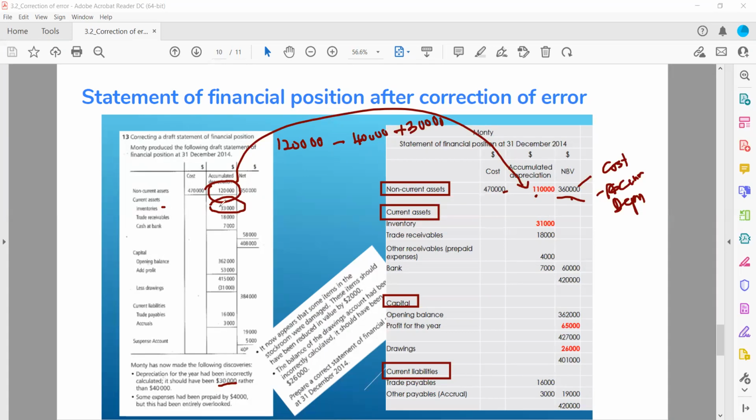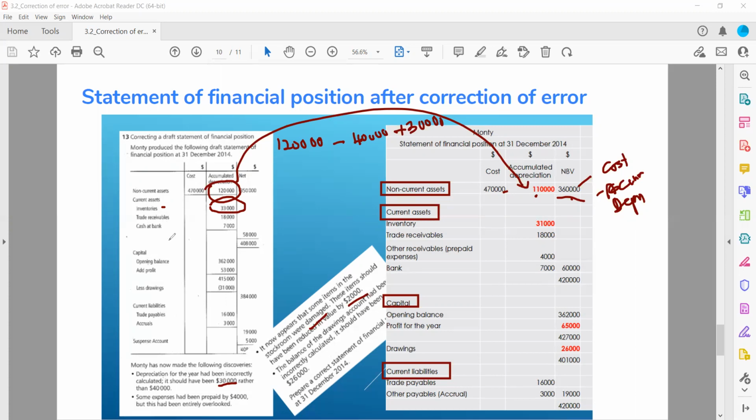The inventory initially is 33,000, but here 31,000. It now appears that some items in the store room were damaged. The word damaged means that our inventory has no value. How much is the amount? 2,000. So we take 33,000 minus 2,000 to get 31,000.